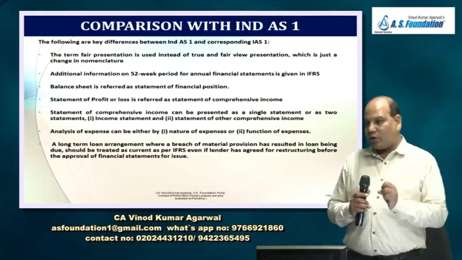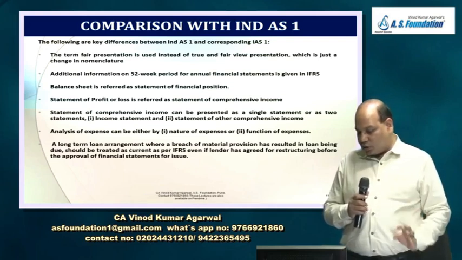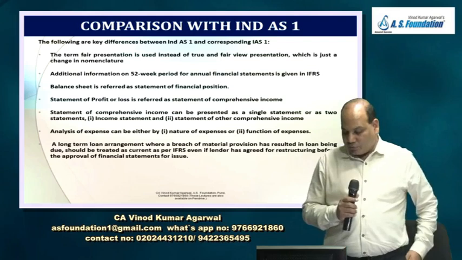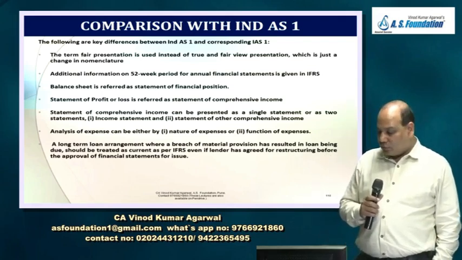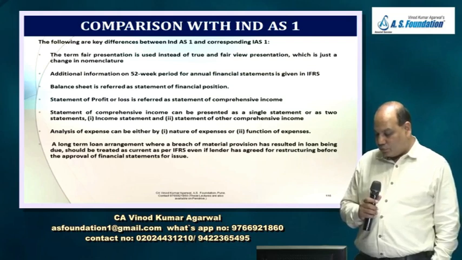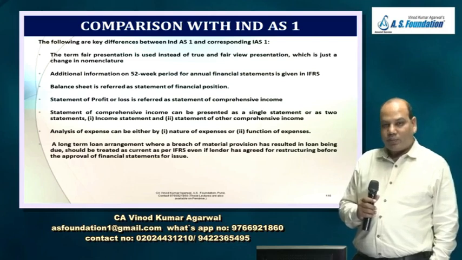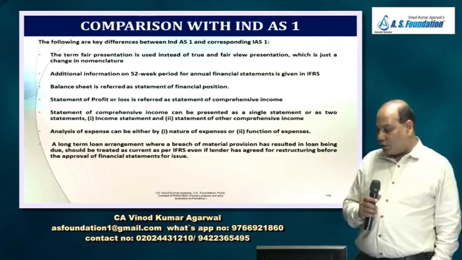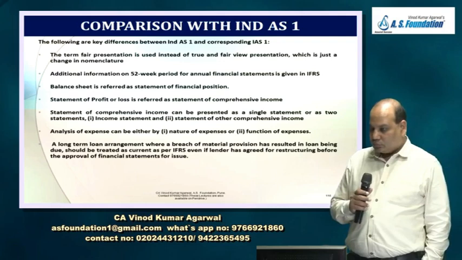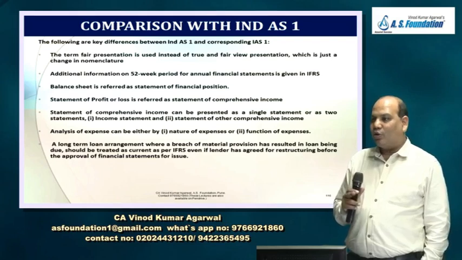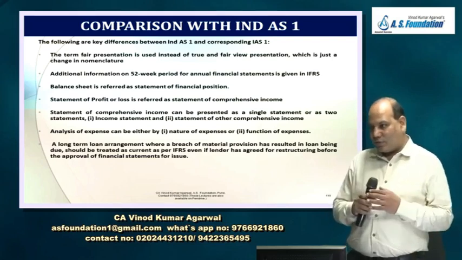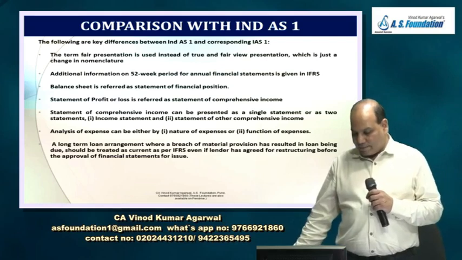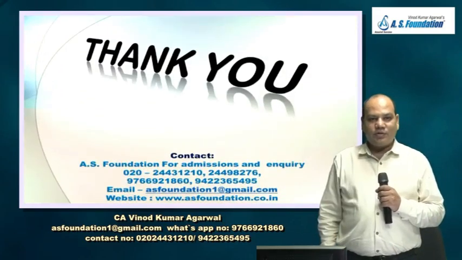And one major difference is the treatment of the last point, a long-term loan arrangement where a breach of material provision has resulted in loan being due should be treated as current as per IFRS, even if the lender has agreed for restructuring before the approval of the financial statement for issue. But in IND AS, it can be classified as current or non-current depending upon that particular situation. Is it right? This standard is over.